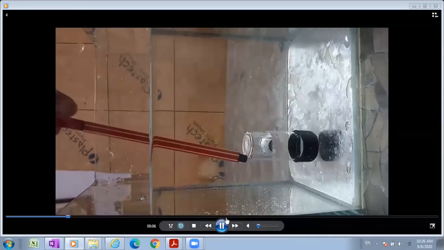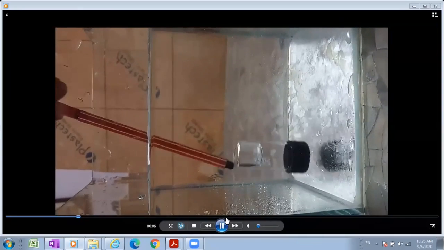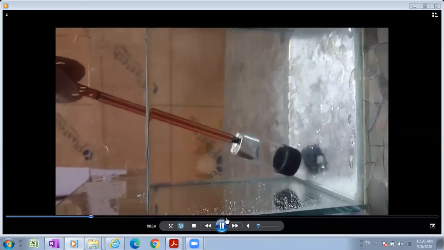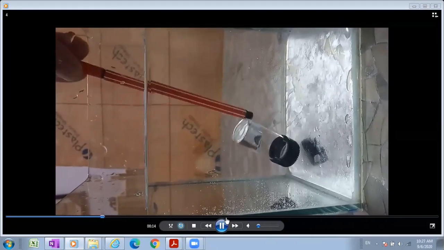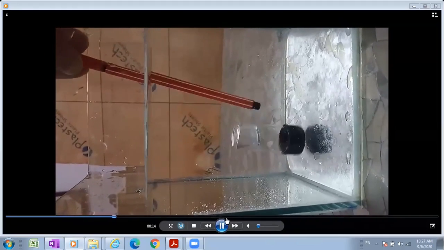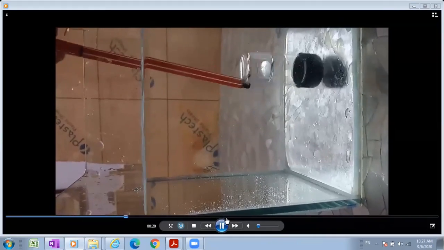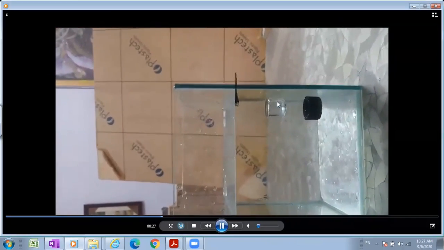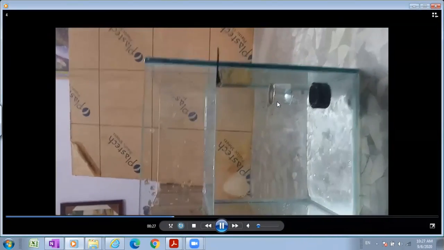Now try to see, I am trying to disturb its orientation. So I am making efforts to change its orientation, but it is restoring back its orientation. So what is making it restore its orientation?